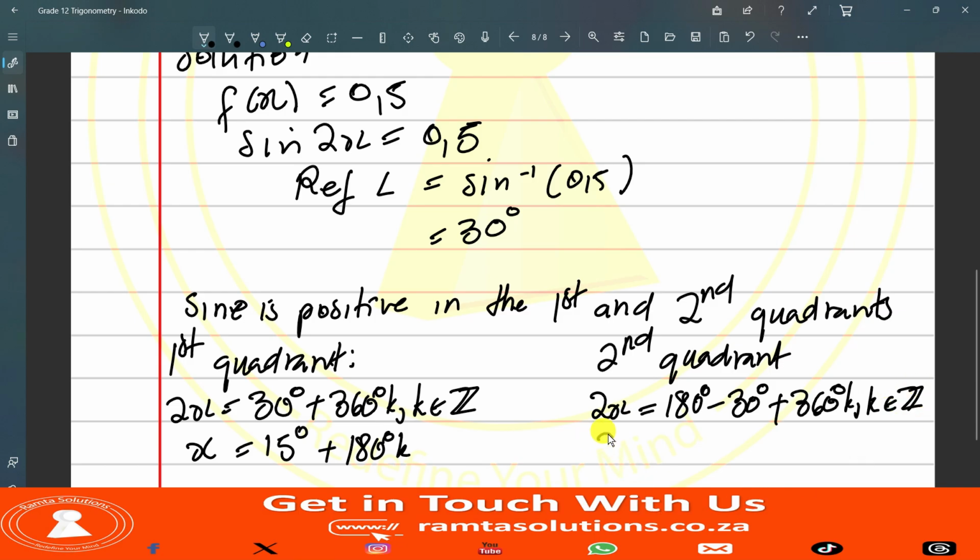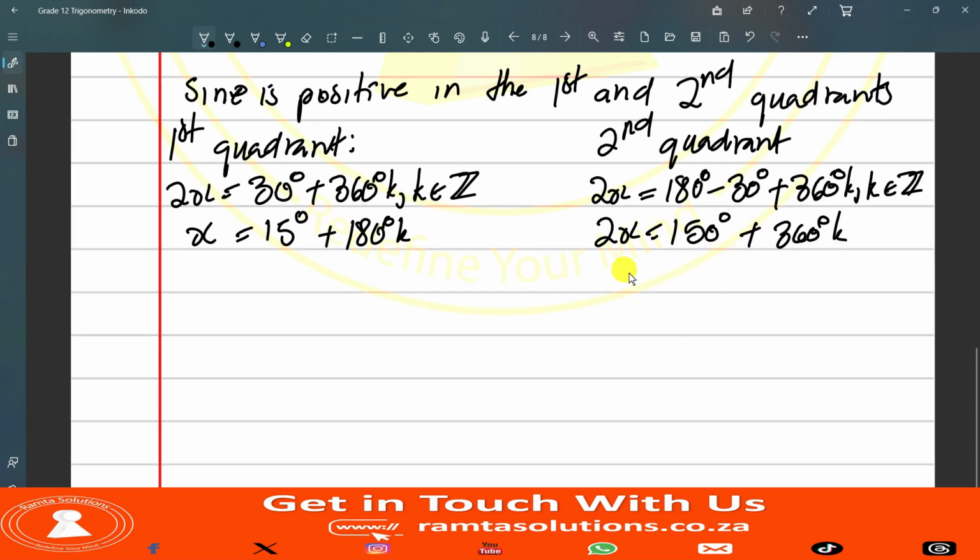Moving on, 2x equals 180 minus 30 will be 150 degrees, plus 360 degrees k. Now, we are not looking for 2x, but rather for x. Therefore, x equals 150 divided by 2 is 75 degrees, plus 360 degrees k divided by 2 is 180 degrees k.